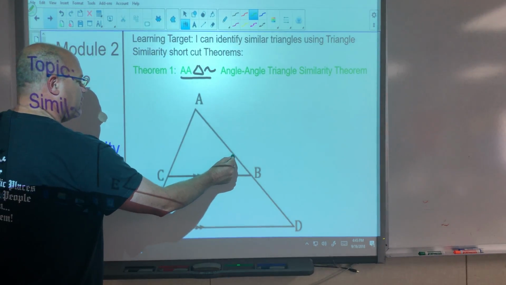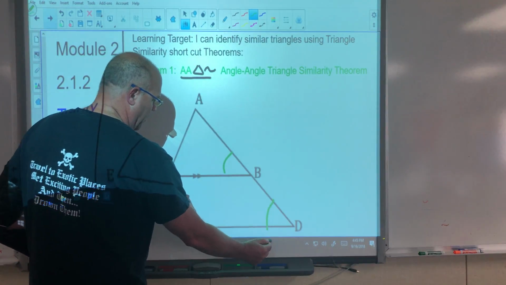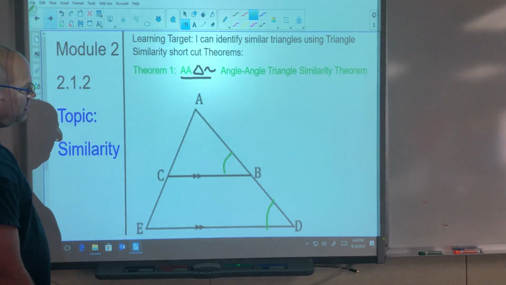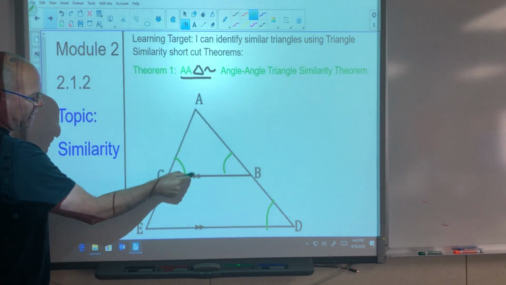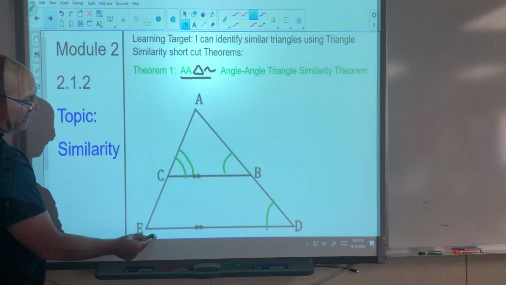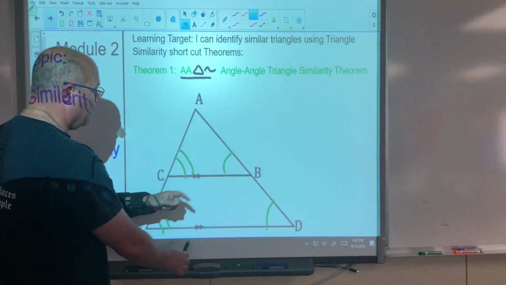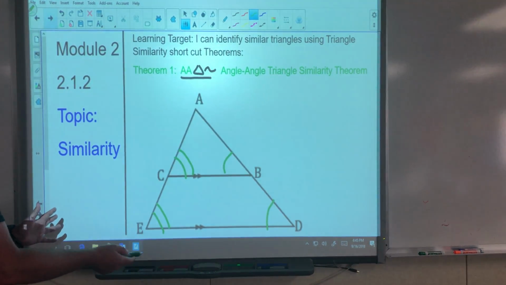So angle ABC is congruent with angle ADE by the corresponding angles theorem. Same thing here: angle ACB corresponds to angle AED, so those are also congruent since these are parallel. That's enough information to tell us that these triangles are similar.